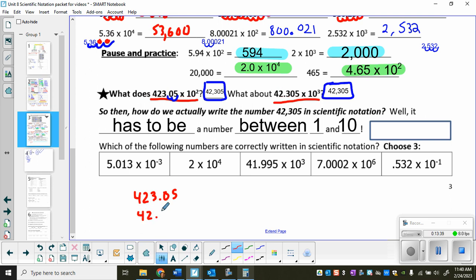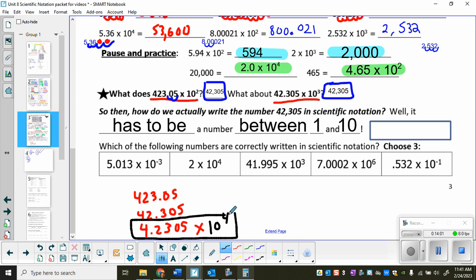See how these are not numbers between 1 and 10? But if I move the decimal over one more spot, now I've created a number between 1 and 10. This would move 1, 2, 3, 4 times to make the number that we're talking about. So this is the correct way to write it in scientific notation.